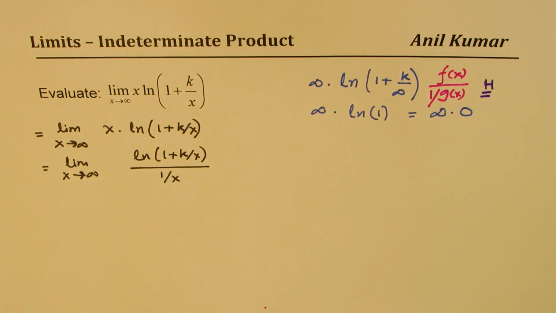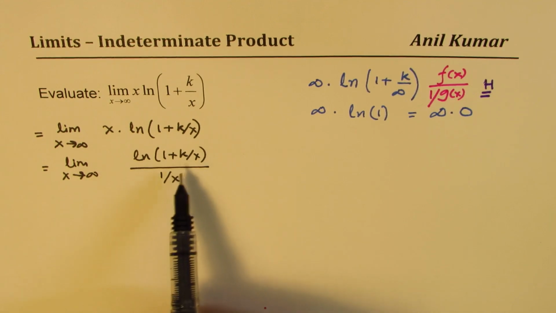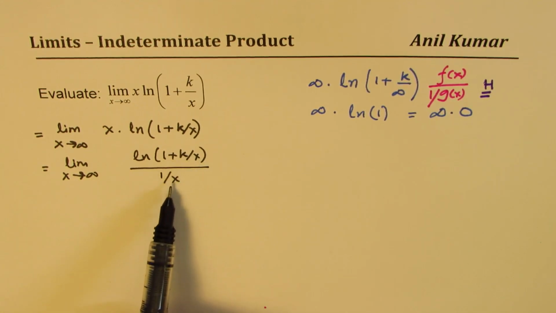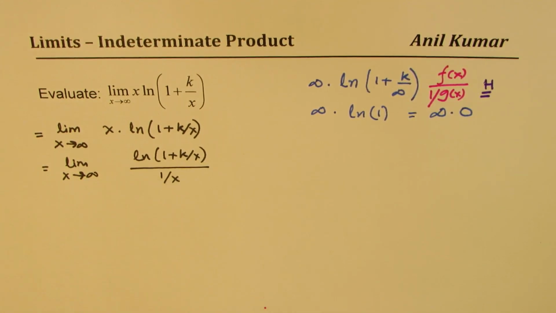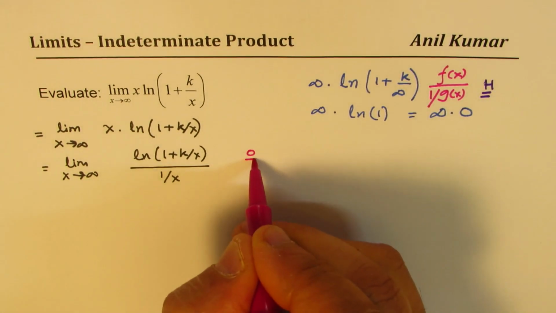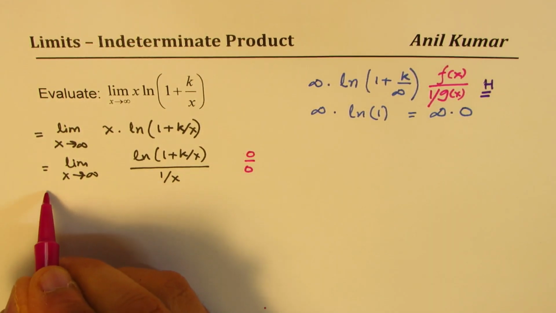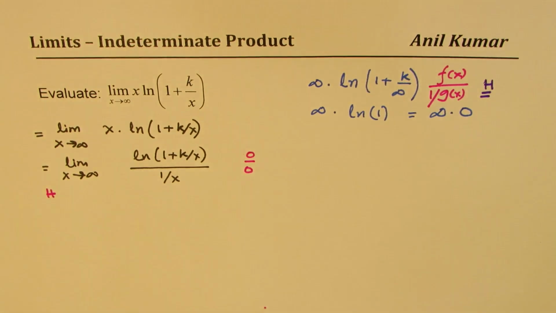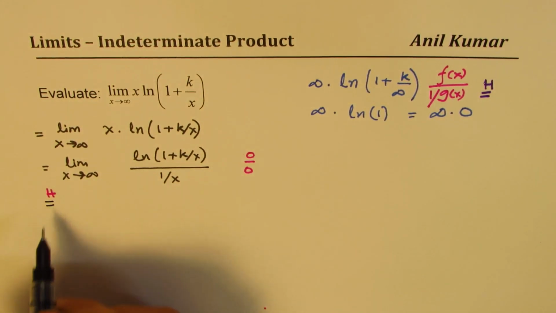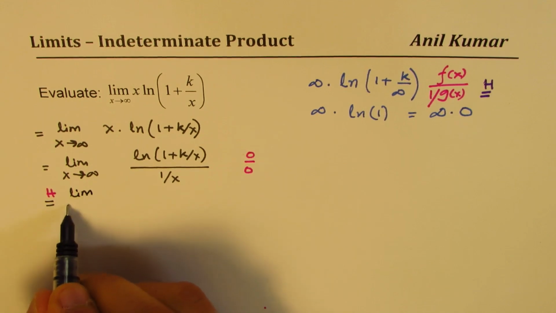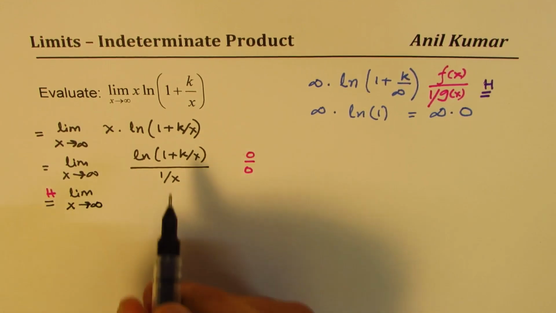Now we know the situation. As x approaches infinity, this is 0 over 0. So now we can apply L'Hopital's rule, that is to say, we take derivatives of both numerator and denominator.